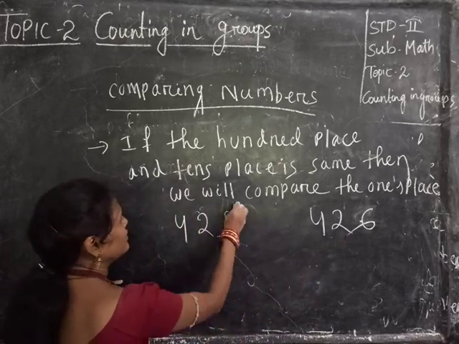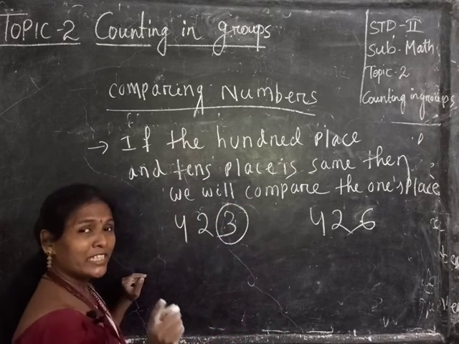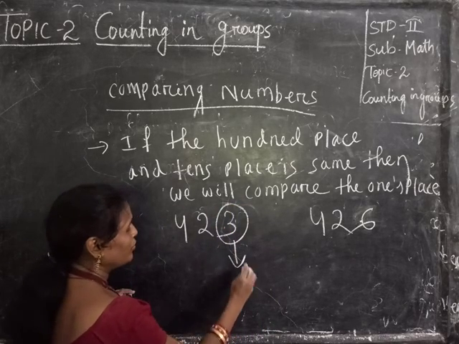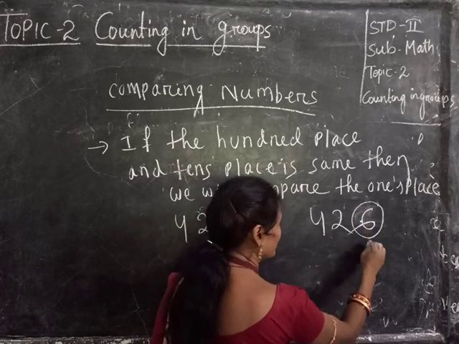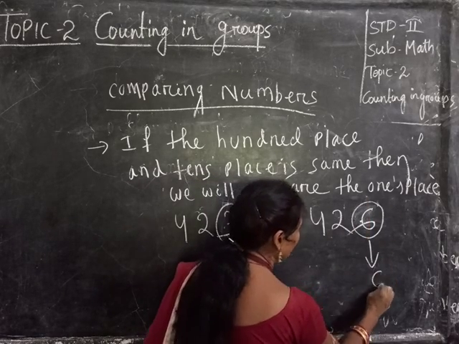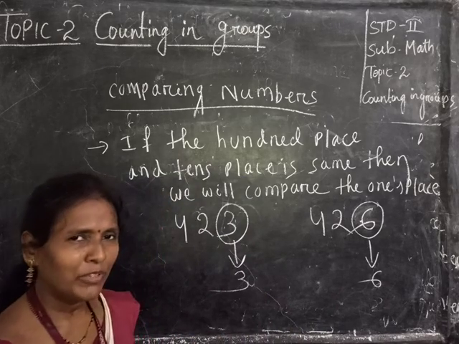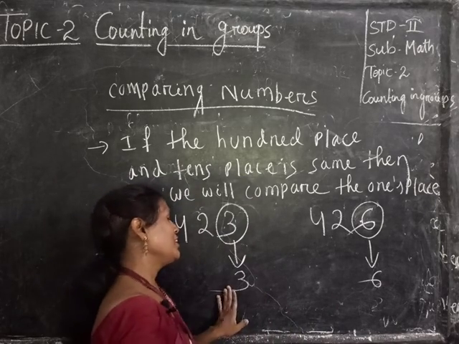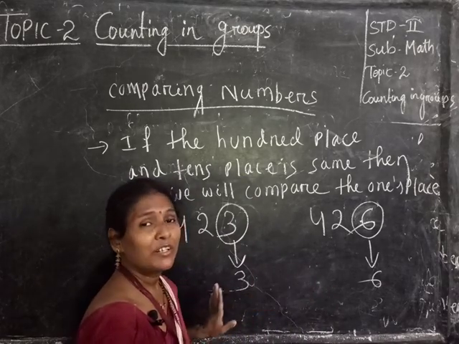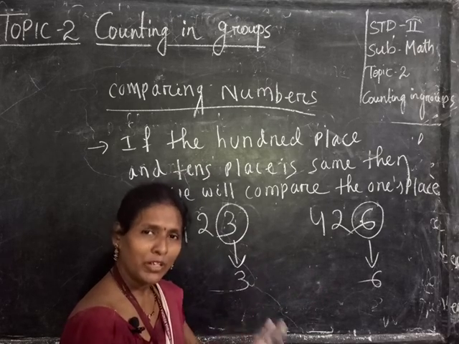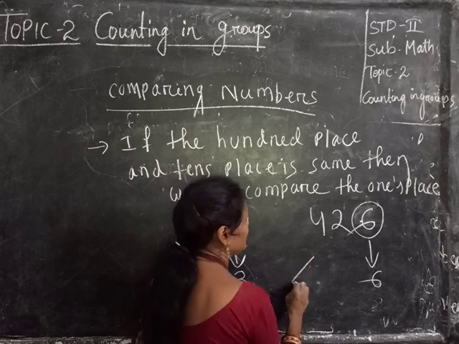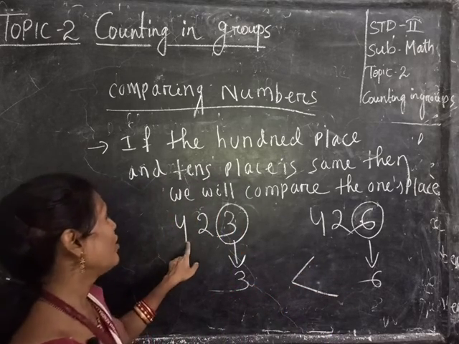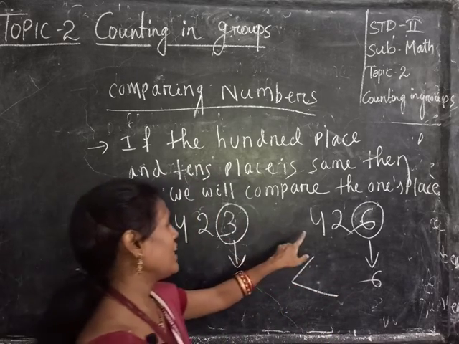So now just come to which place? Ones place. Now you put arrow mark and write 3 here. Now you make circle and put arrow mark and write here. Now tell me students, this is 3 and 6. That means smaller side, smaller number. And here is your bigger side, bigger number. That means this one, your 423 is less than 426.